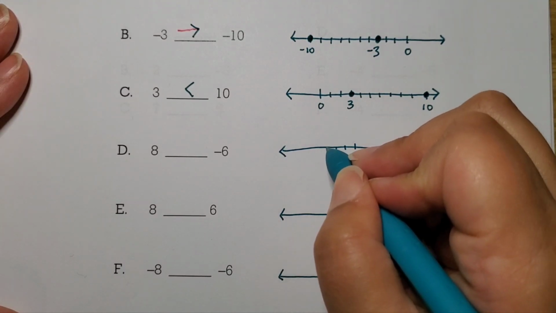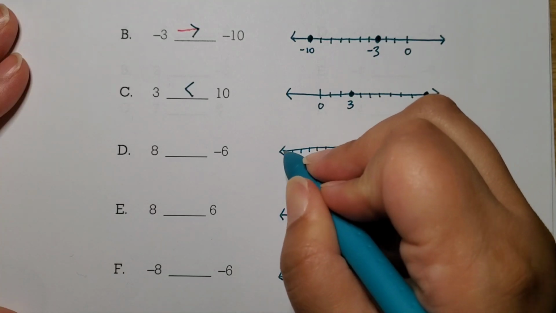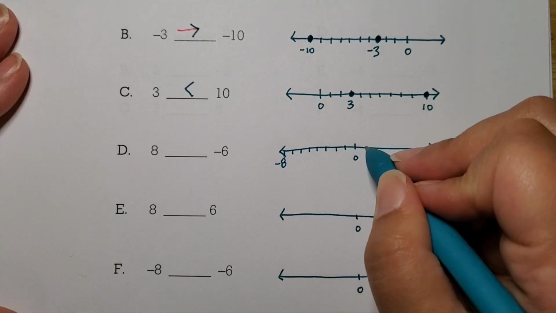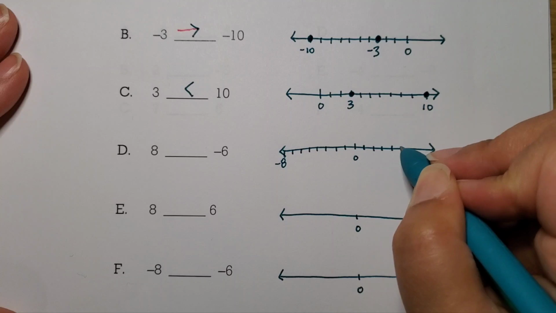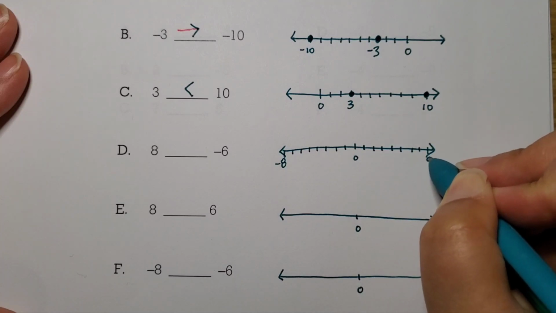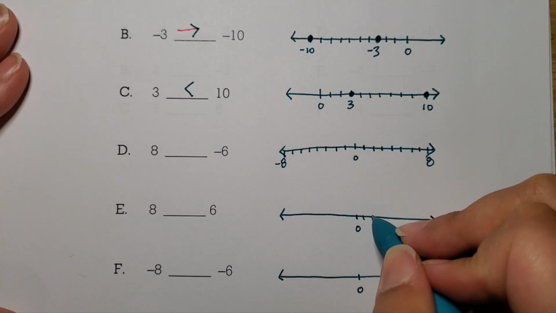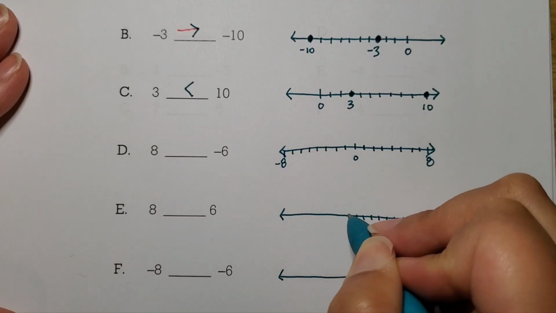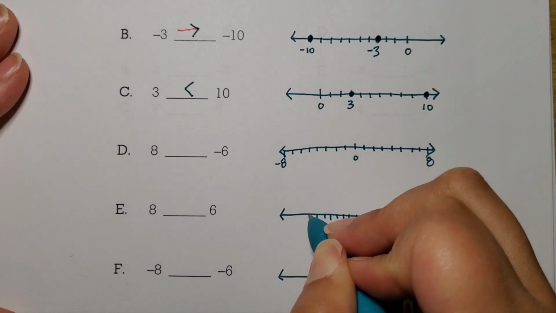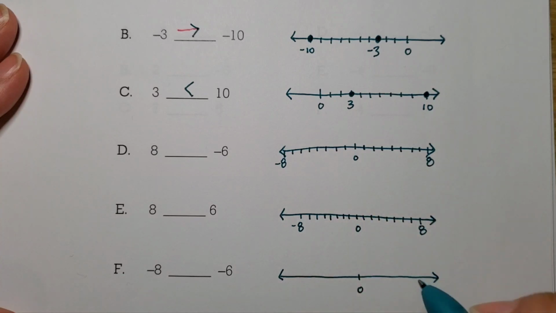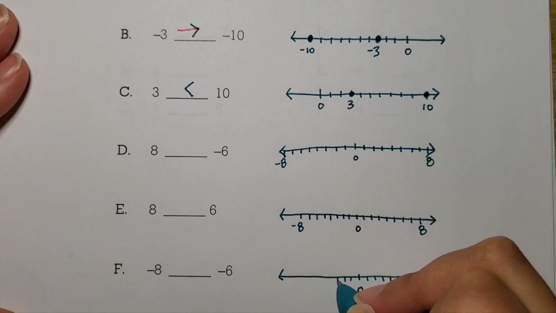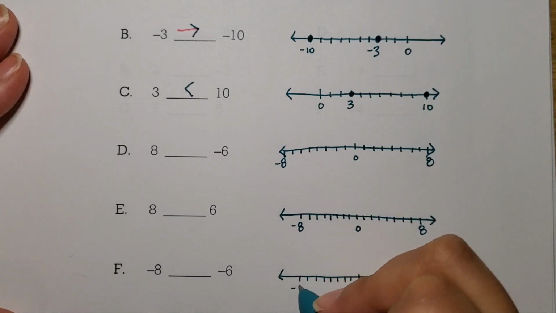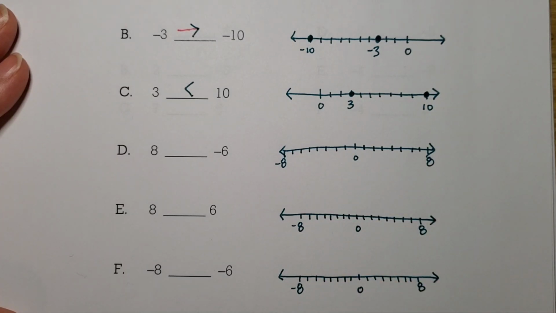So 5, 6, 7, 8. Just barely. All right, there we go.